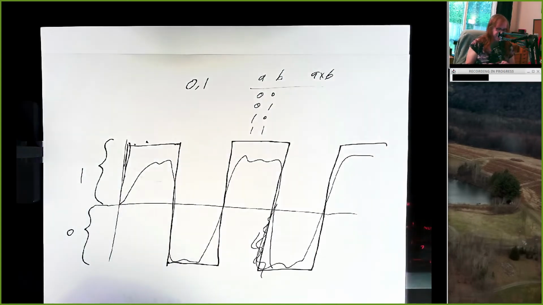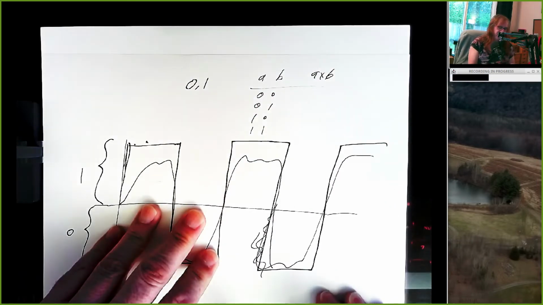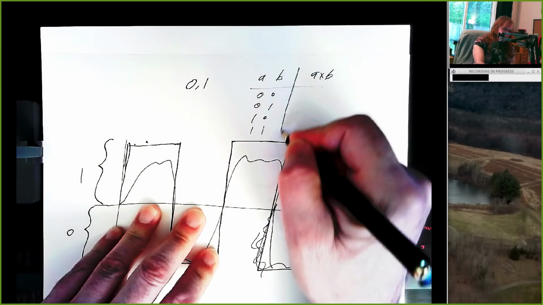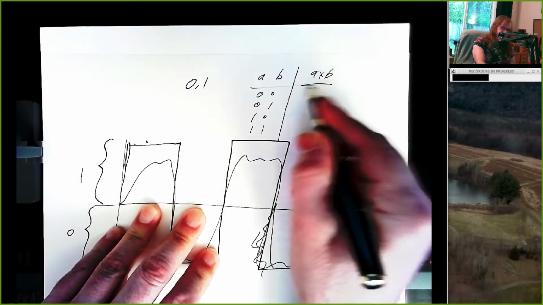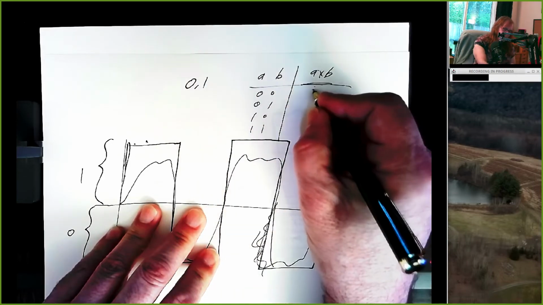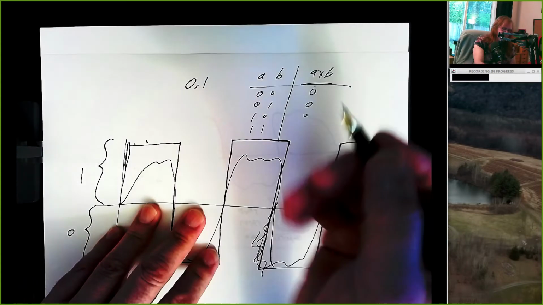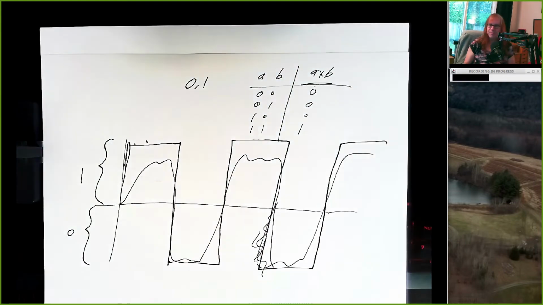Well, since A is either a 0 or a 1 and B is either a 0 or a 1, there's only 4 situations for which I need to know how to multiply A and B. If they're both 0, or if either one is 0, then A times B is 0. And if they're both 1, A times B is 1.